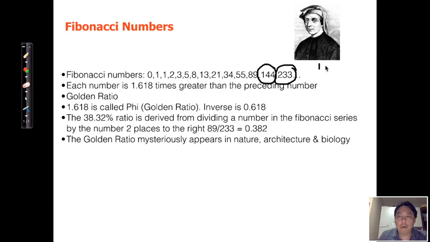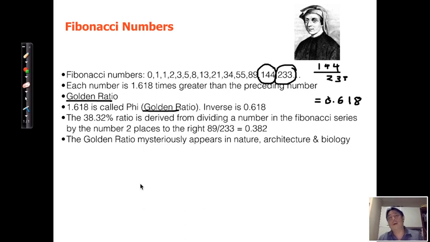If you take 144 and you divide that by 233, you will get a ratio which is 0.618, also known as 61.8%. Okay, and again, as long as you take any number and divide it by the number before it, you always get 0.618. And this is known as the golden ratio. Okay, as the golden ratio.